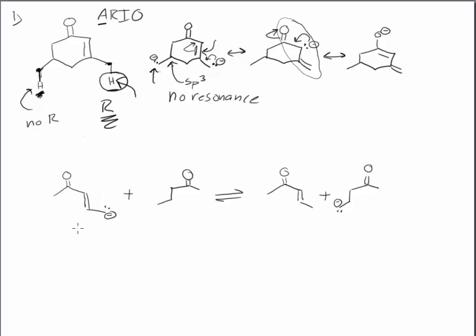Another way to ask this question would be to look at this equilibrium at the bottom of the page. It's basically the same question. Hopefully you'll recognize this as similar to the right side anion that we looked at. It has the same general shape. The rest of the molecule is not there, but molecules don't always look exactly the same.